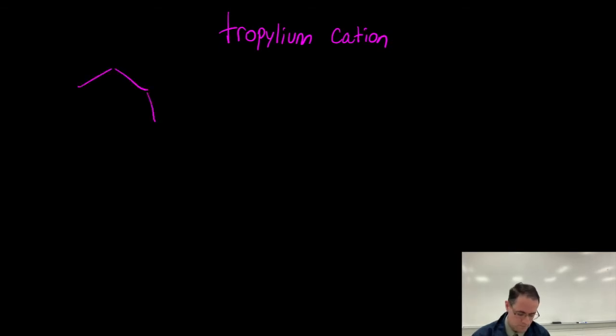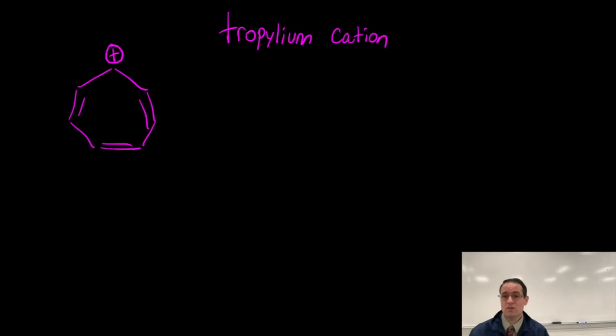It's probably made through an SN1 or something like that, but it uses a 7-membered ring. And these are harder to draw. I kind of have to draw it slowly like that for my rings to work out.